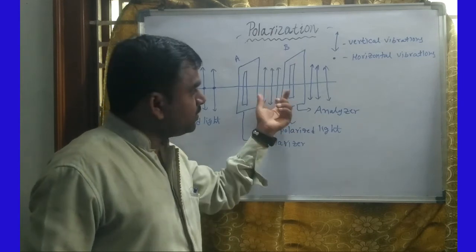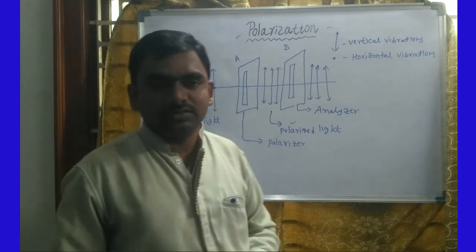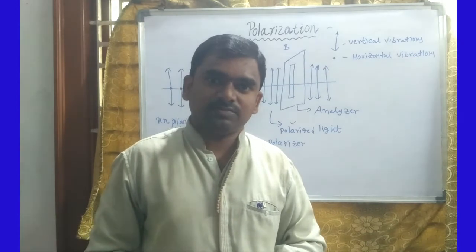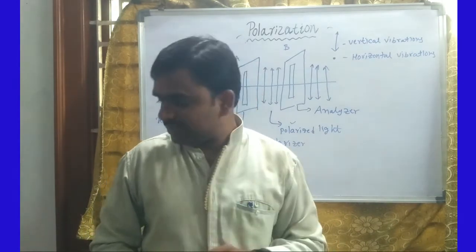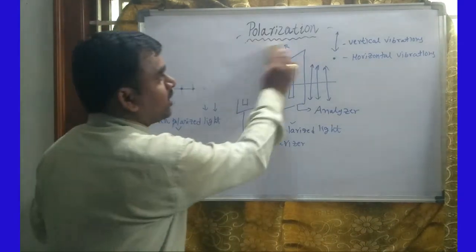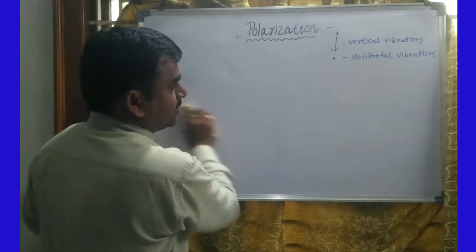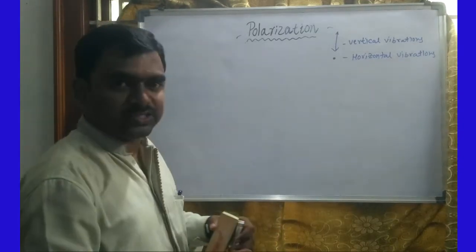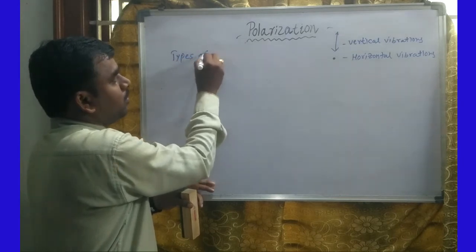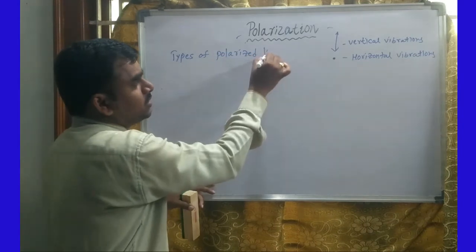Based on these vibrations, we classify polarized light into three different kinds: plane polarized light, circularly polarized light, and also elliptically polarized light. Now I am going to explain them in detail. Types of polarized light.